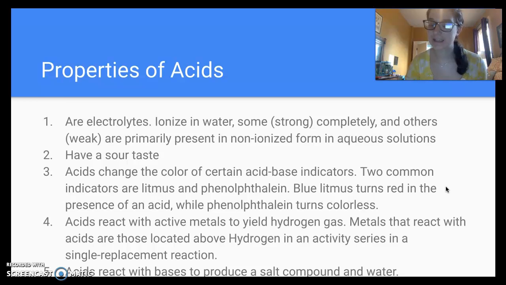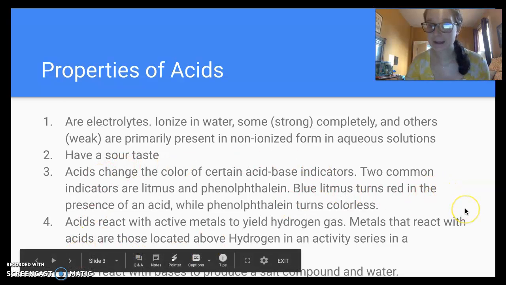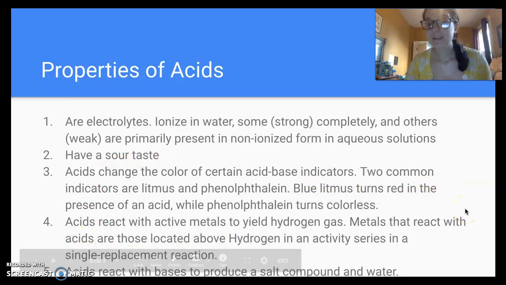Usually you'll be given an activity series to show this, and the reaction that takes place is a single replacement reaction. Acids also react with bases to produce water and a salt compound. This is called a neutralization reaction because the pH of the solution is neutral.